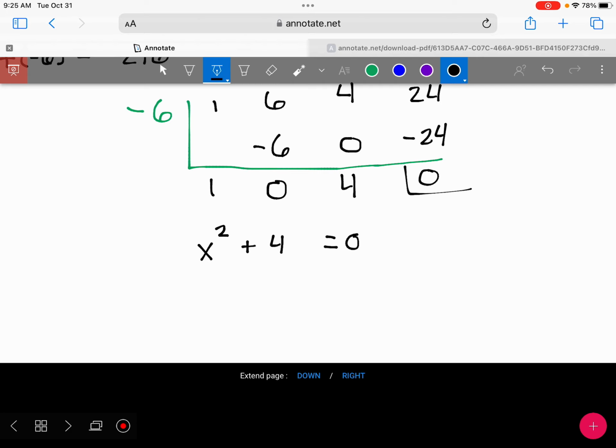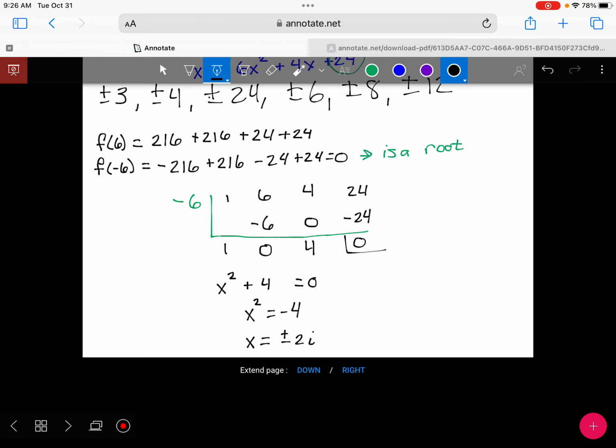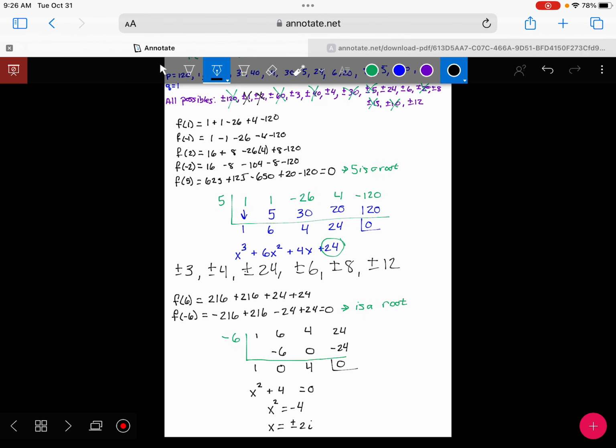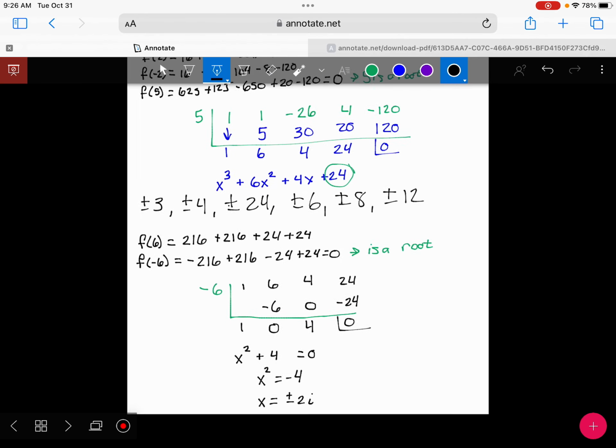Subtract 4 from both sides. x squared equals negative 4. What's our x? Plus or minus 2i.